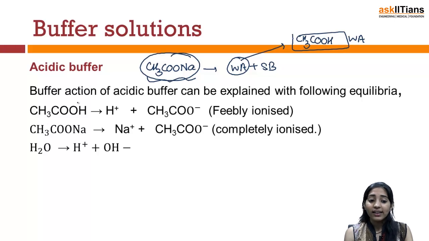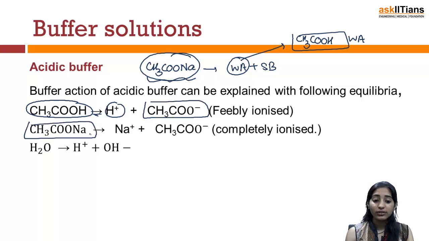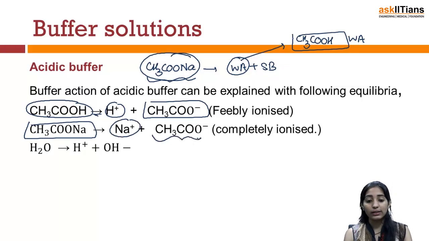I can say that the acetic acid will always be in equilibrium with H positive and CH3COO minus. Moreover, since CH3COONa is a salt, it gets completely dissociated to form Na positive and CH3COO minus. And there is water which is present, and it will also be in equilibrium with H positive and OH minus.